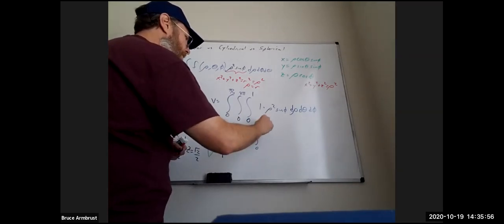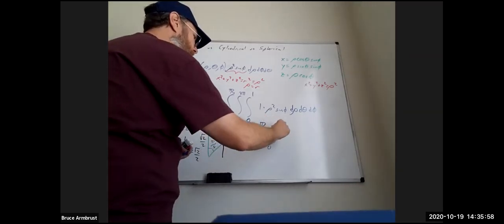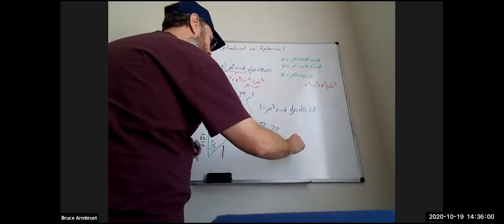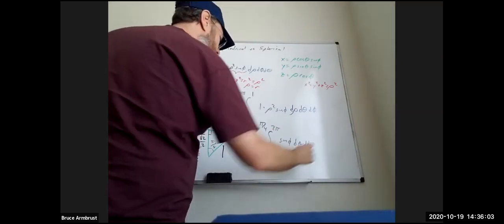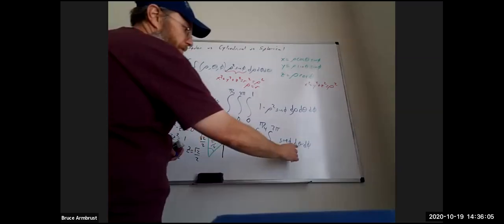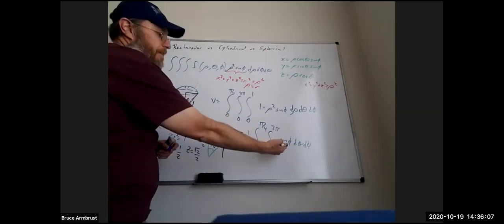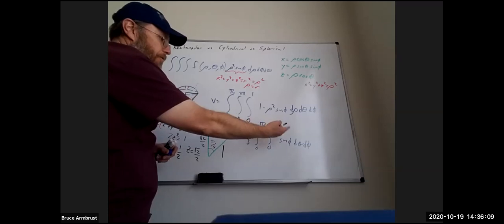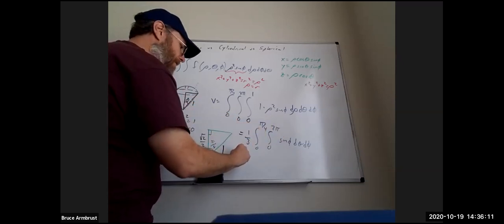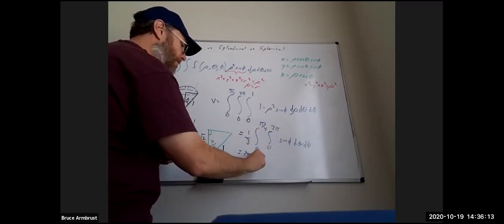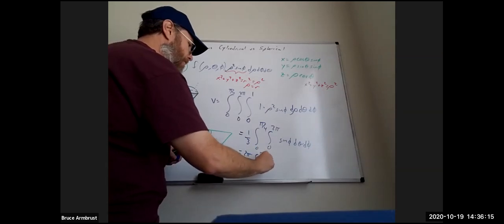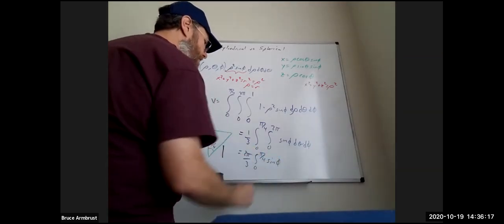Integral from 0 to pi over 4, integral from 0 to 2 pi of sine of phi. All right, integrating theta gives me just theta, valued at 0 and 2 pi gives me 2 pi. So this gives me 2 pi over 3 times the integral from 0 to pi over 4 of sine of phi.